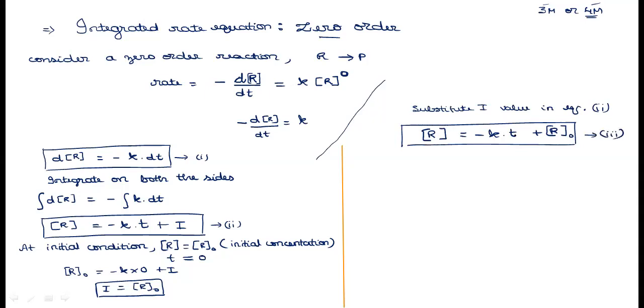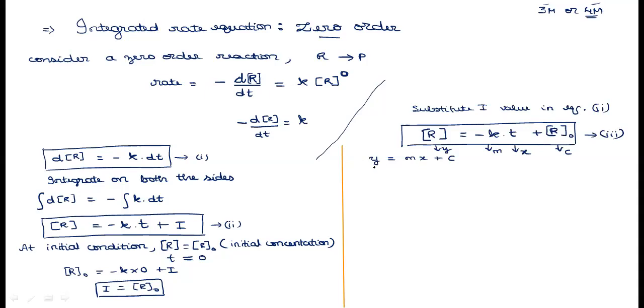After substituting the integration constant value, just observe the equation form we are obtaining. This equation is in the form of a straight line equation y is equal to mx plus c, where y is R, slope is minus K, a negative slope, x coordinate is t, and the intercept of the line c is R naught.